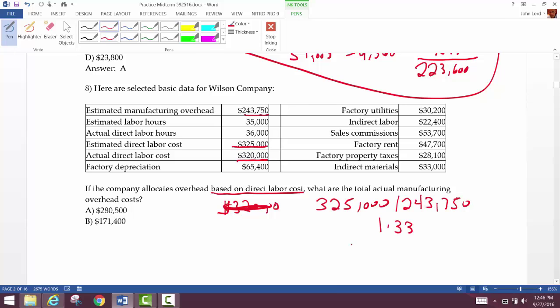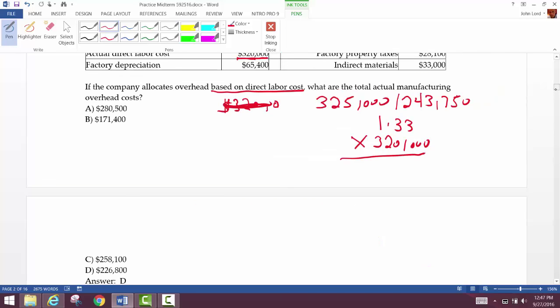Okay. And then I multiply that by what? By the actual direct labor, right, of 320,000. And that gives me what? 426,000.